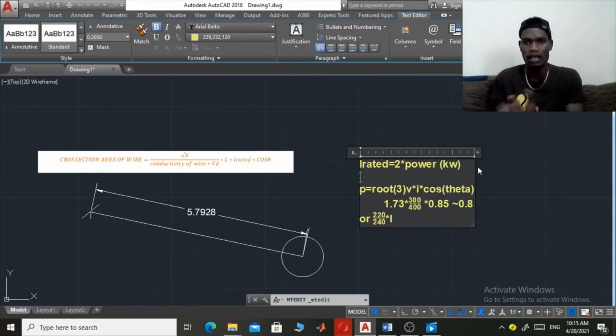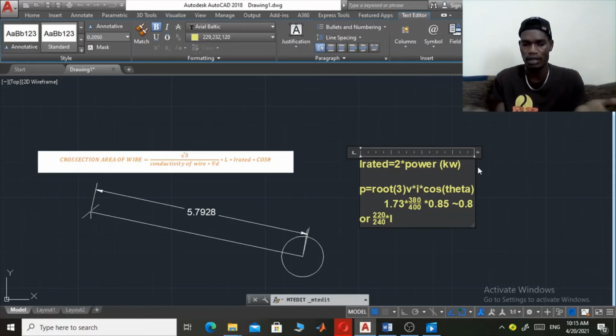If you have kilovolt amperes, you have to change into kilowatts. If you have kilowatts, you have to change into kilovolt amperes. Active power and apparent power are very important parameters and analogous terms, especially in electrical systems. So you have to know Irated.